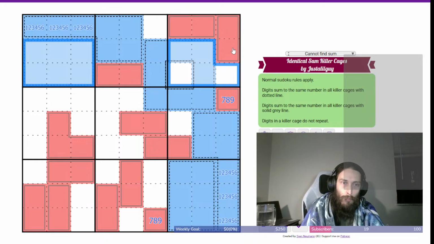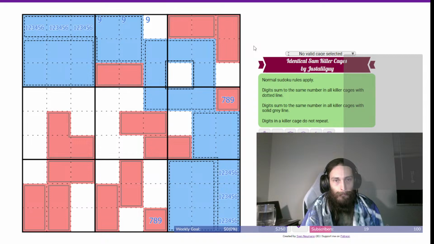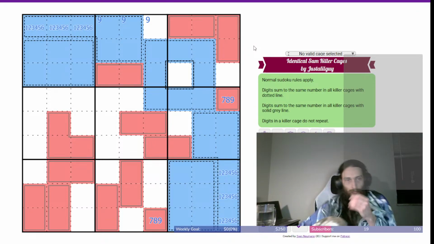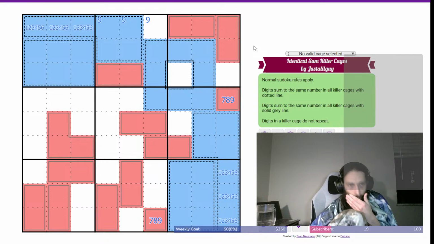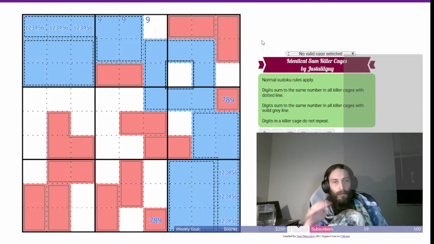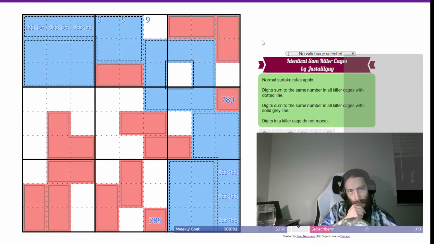So 9 is across the top in box 2. It doesn't work out the same there.